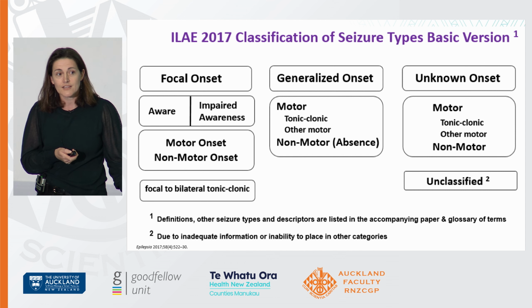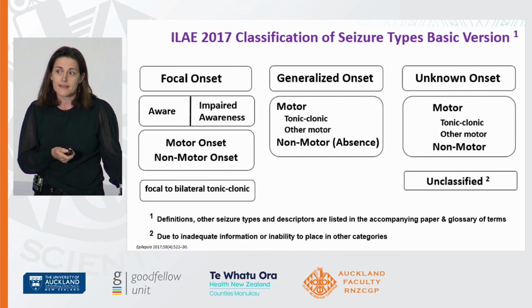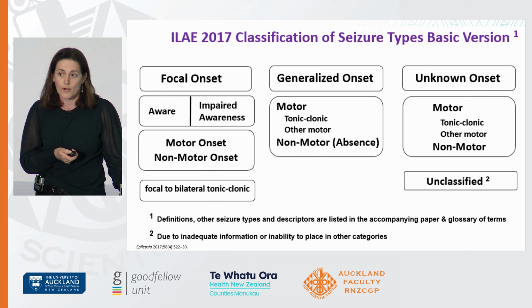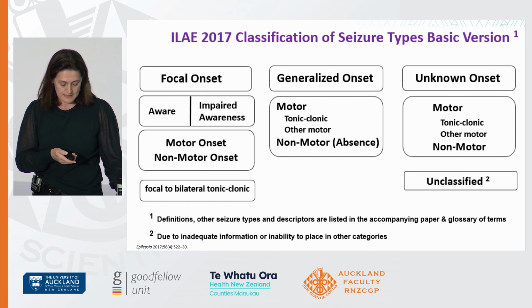The old complex partial seizure is now a focal onset seizure with impaired awareness, or with retained awareness. We then think about whether the focal seizure is motor or non-motor in onset. Generalized seizures can also be classified as motor or non-motor seizures, such as an absence seizure.